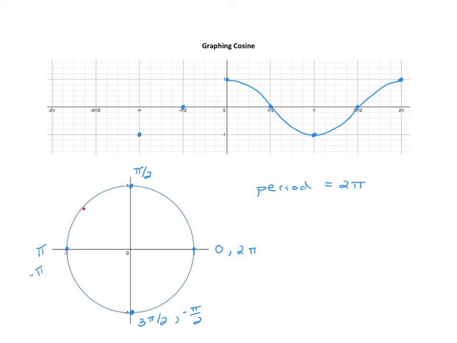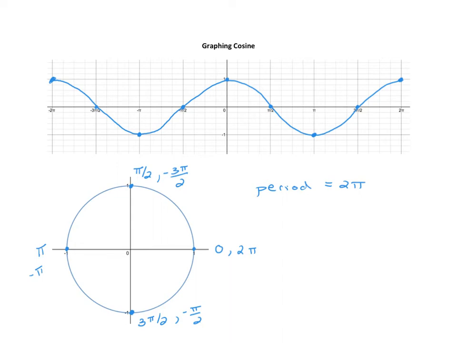If we go to here, this would be negative 3 pi over 2, and the x-coordinate is back to 0. And then when we return to negative 2 pi, we are back at 1. And so if we connect these points with a smooth curve, we get this. So it has the same shape, it's just going in the other direction.